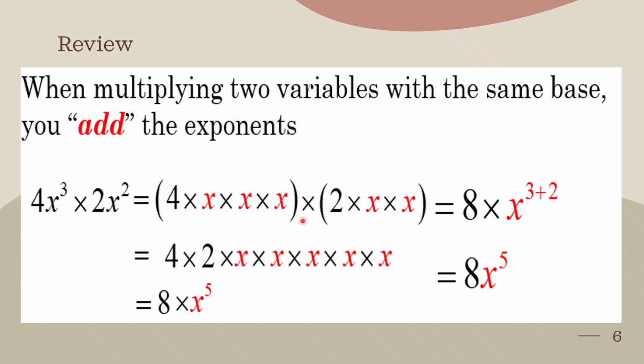So we have 4 times 2 is 8 times x raised to 3 plus 2. So we add the exponents. And the final answer is 8x raised to 5, or 8x raised to the fifth power.